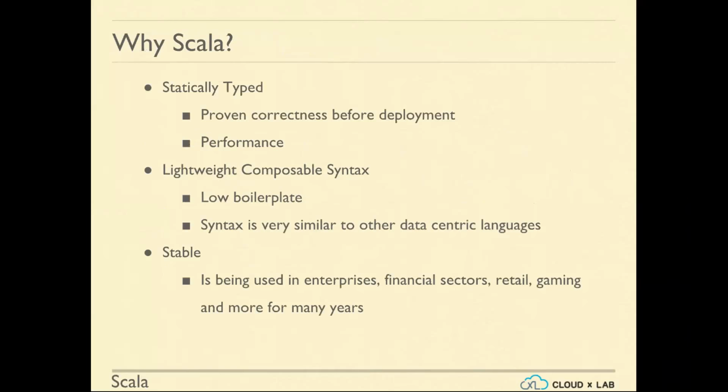Now, it is statically typed, meaning you will have to compile it before you send it to production. Also, you need to define the data type of every variable. You can't just say x equals 2, or just say x as the argument. You have to provide a data type, right? So it's basically statically typed.